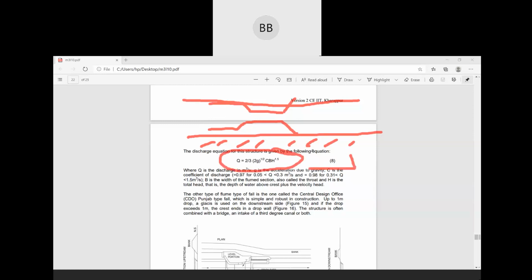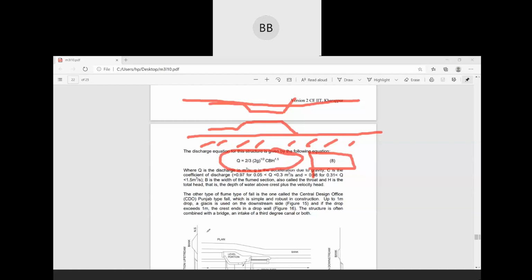So you can write down this equation. This equation is for flume. This type of structure we have in our lab. So when you come to the university, if you wish, you can see this type of structure, how to measure the discharge in a particular section using the flume.